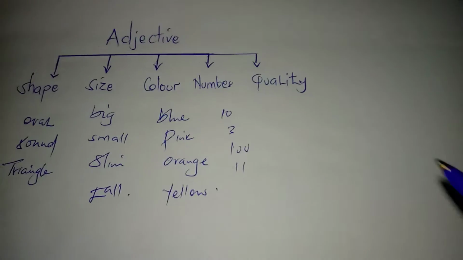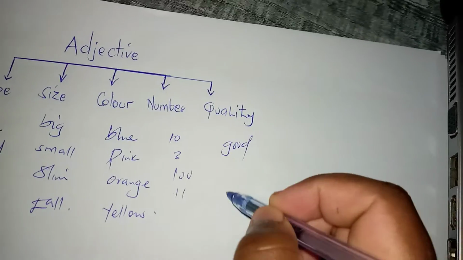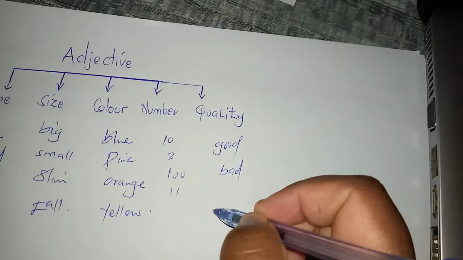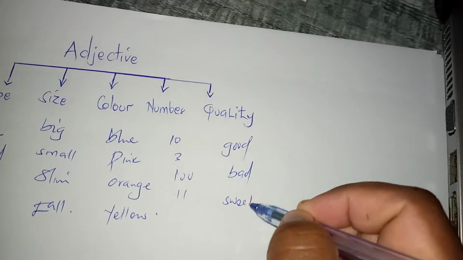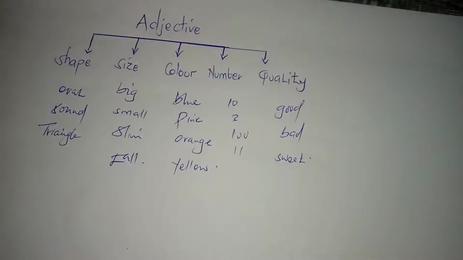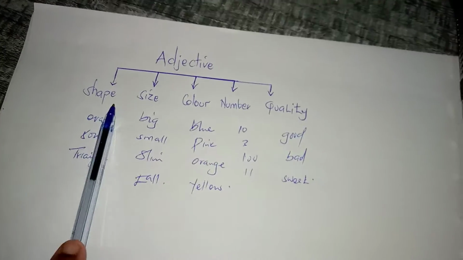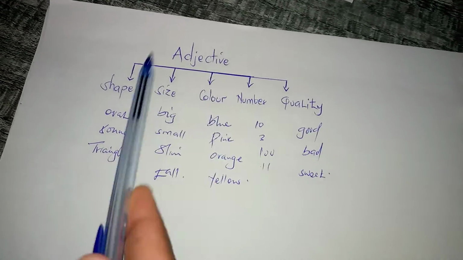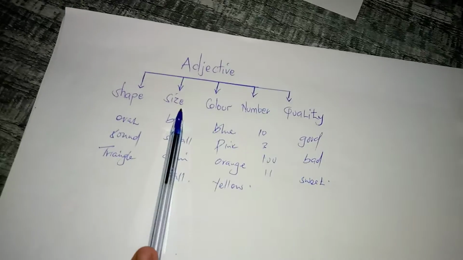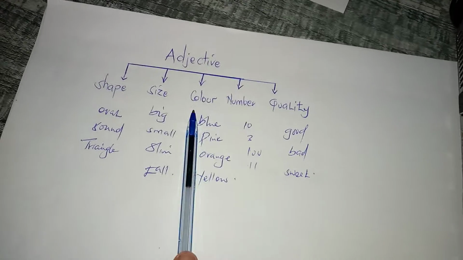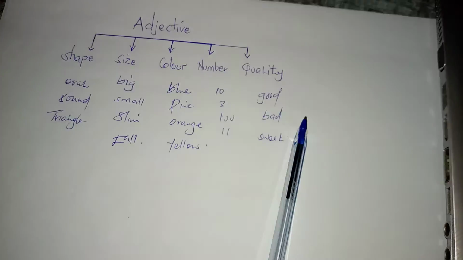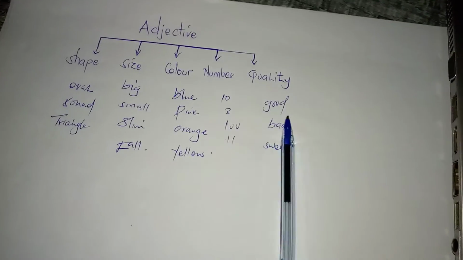So the quality, something can be good, can be bad, can be, let's say, sweet. If the adjective does not explain about the shape, then it explains about the size, the color, the number, the quality, and more.